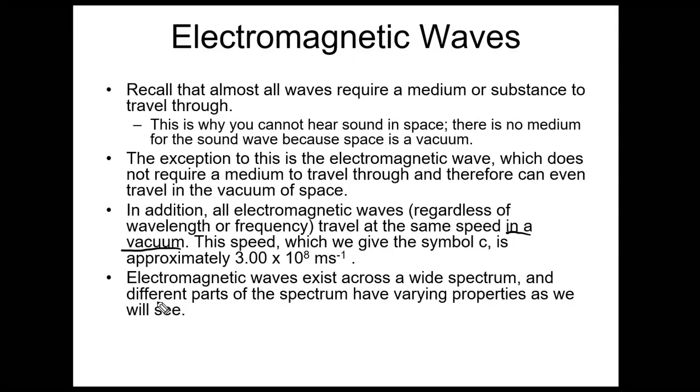In a vacuum though, all EM waves travel at the same speed, and we give this constant a name. We call it c. That's the same c from E equals mc squared, and the value for that is approximately 3 times 10 to the 8 meters per second, which is very, very fast. It's like 300,000 kilometers per second.